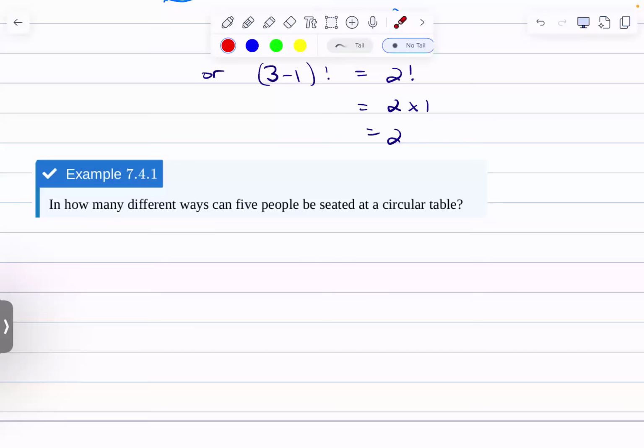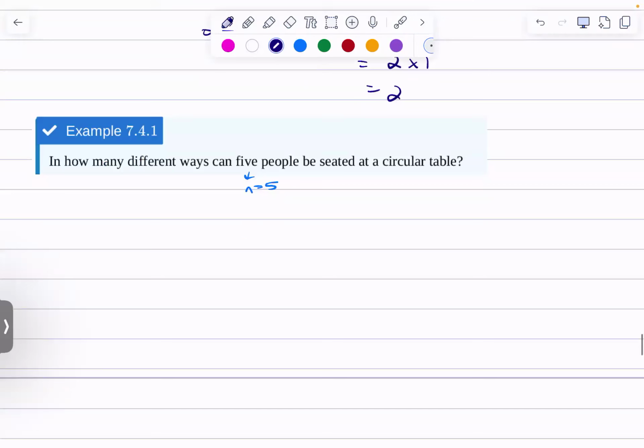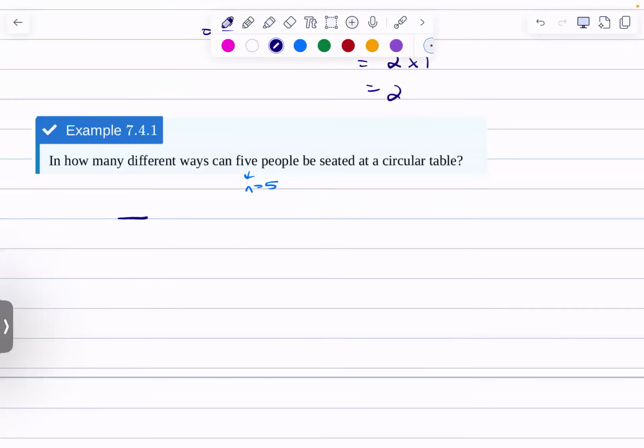In how many different ways can 5 people be seated at a circular table? So now my n is 5. If you want, we can draw the slots, although I find the slots kind of confusing in a circle: 1, 2, 3, 4, 5.